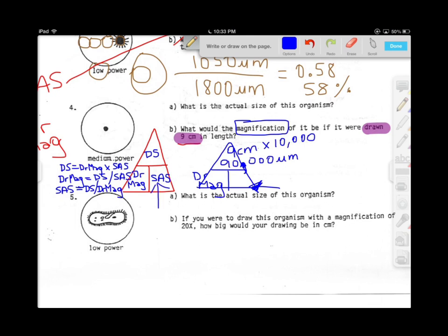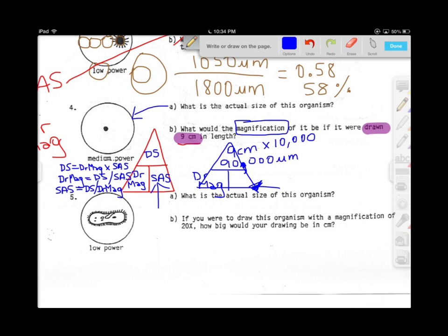And the way you always find SAS is you take the fraction, go back to A for a second. What's the actual size of the specimen? Now, this is a really small dot, which is why you're supposed to pick the best lens for the job, because you're kind of zoomed out, and this is really hard to make a judgment call on.